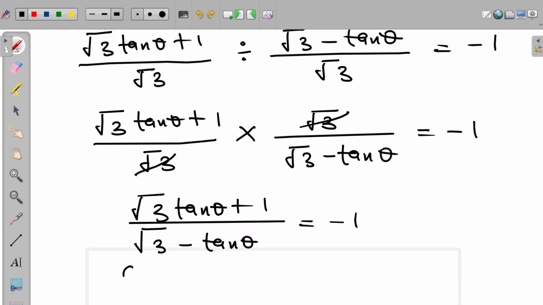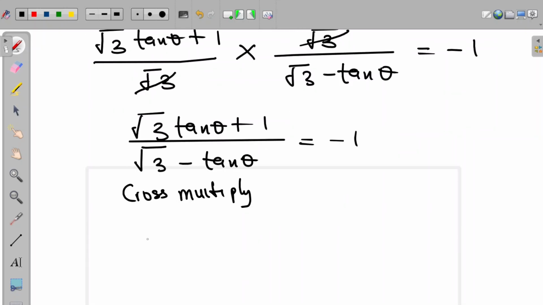Thus, at this point, we can cross multiply. So the equation becomes root 3 multiplied by tan theta plus 1 equal to negative 1 multiplied by (root 3 minus tan theta).